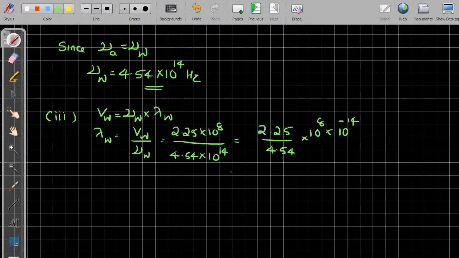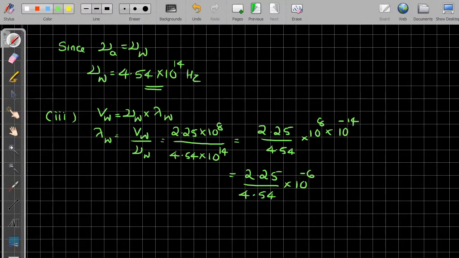So this will be equal to 2.25 divided by 4.54 into, now you have two exponents with the same base, so the powers have to get added up. So what will I get here? 10 raised to minus 6.